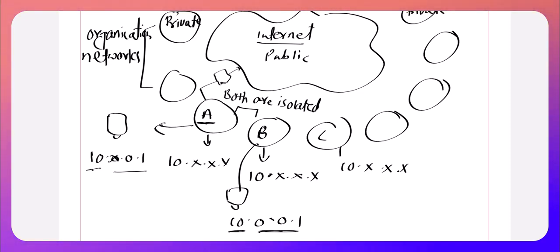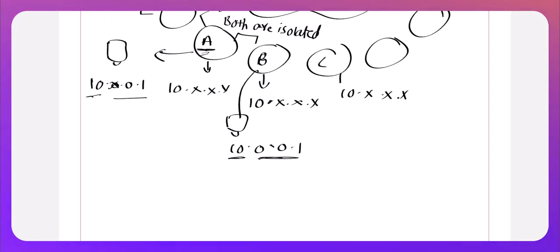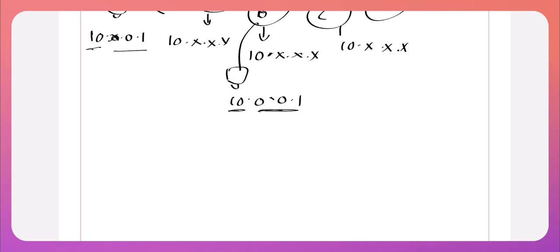The internet has no idea who is here. So this was the reason why we required private IP addresses. The main reason was the limitation problem, or the efficiency problem. Now let's discuss the ranges of private IP addresses in each class.